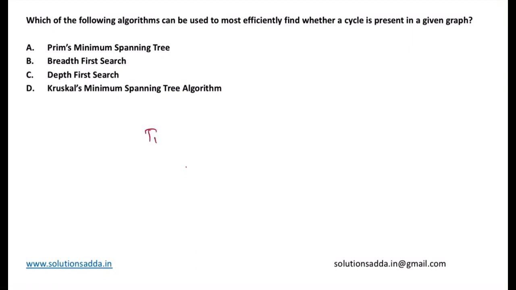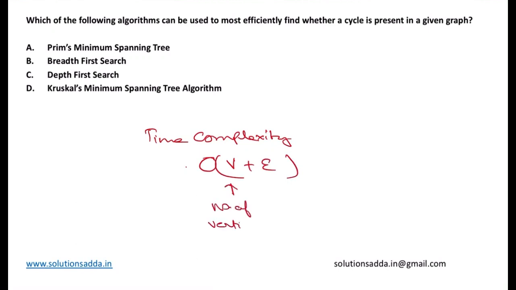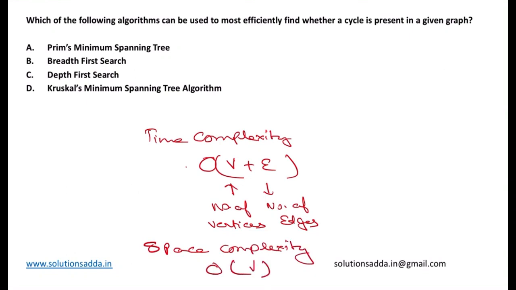Time complexity is order of V plus E, where V is the number of vertices, E is the number of edges, and the space complexity is order of V, where V again is the number of vertices. So both BFS and DFS is the correct answer for this question.